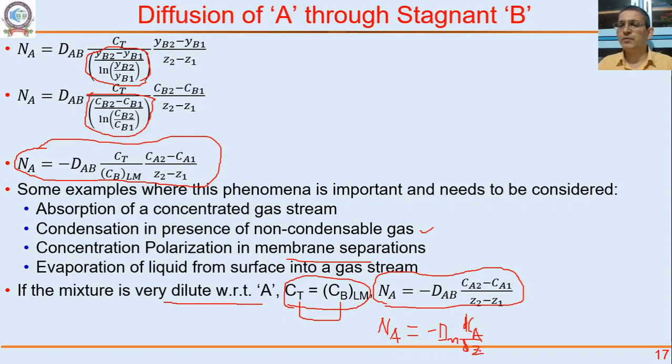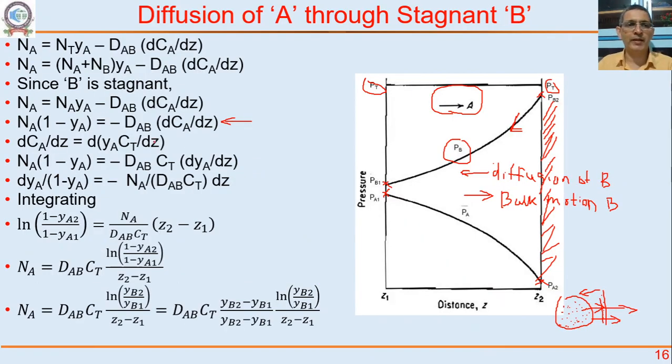Yes, we used it, but we used it unknowingly, unaware of these complications, unaware that these things happen if the concentration of A is large. Only if the concentration of A is dilute are you allowed to write Fick's law like this. Else you have to write Fick's law like this. Where was that? Here.